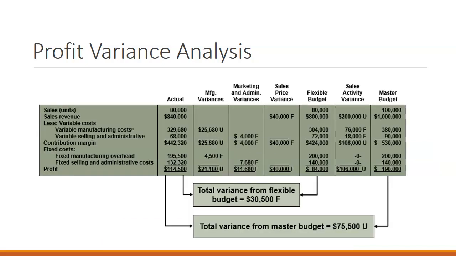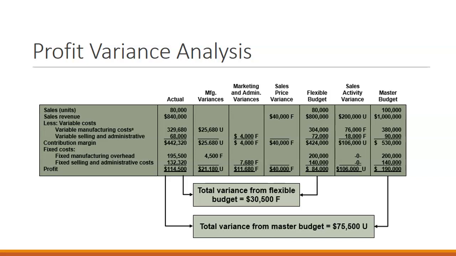So we can see in this example here, and this is from your textbook, that we have our actual results, our flexible budget, and our master budget. And we're looking at the differences between those. So our sales activity variance is just the difference between the master budget and the flexible budget. That variance occurs specifically because we sold 20,000 fewer units than we had budgeted for.